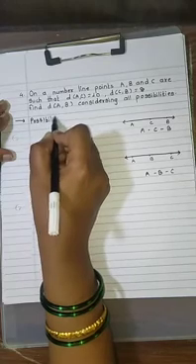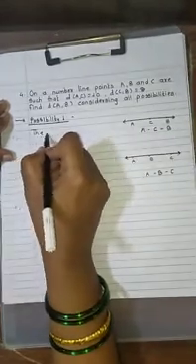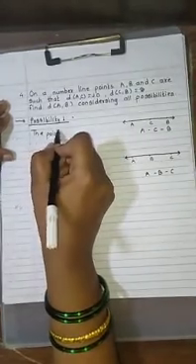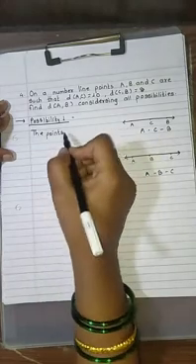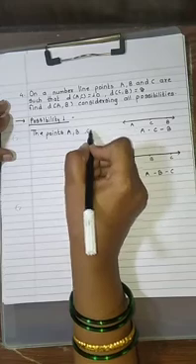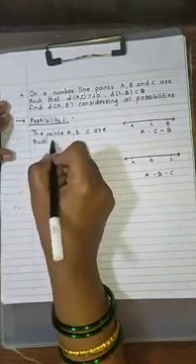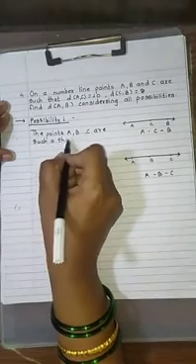Possibility 1. Now the points A, B, C are such that, how they are?